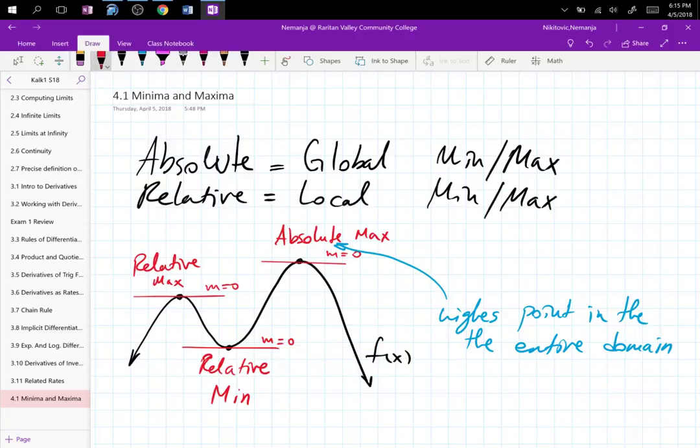We said that absolute min and absolute max happen when those points are the lowest or the highest within the entire function. So just because below this line there are infinitely many points, or any points, that are lower in y value than the one at the relative min, the minimum has to be relative. So it's only the minimum in its own neighborhood.